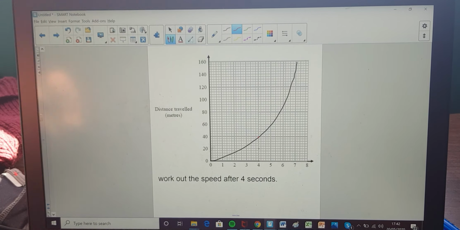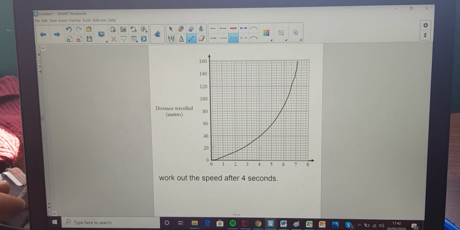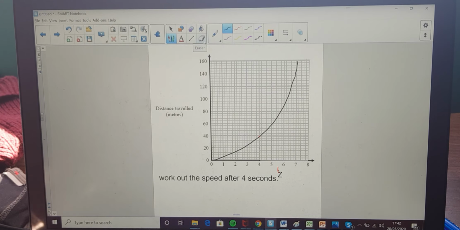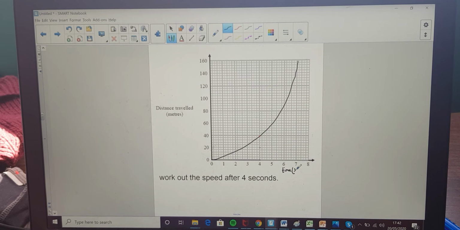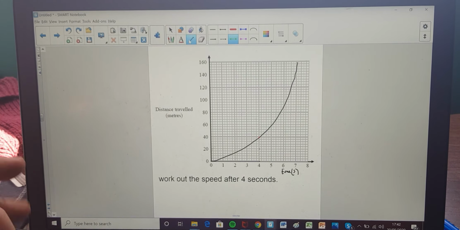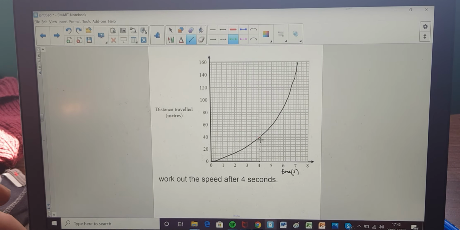In order to work out the speed of a distance time graph, we must draw a tangent. Yeah?